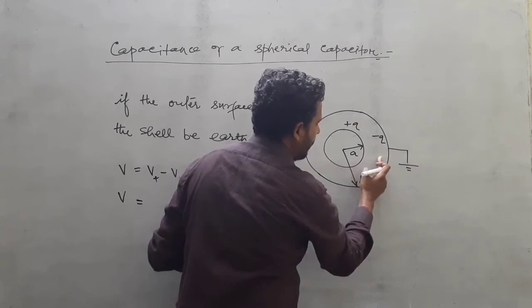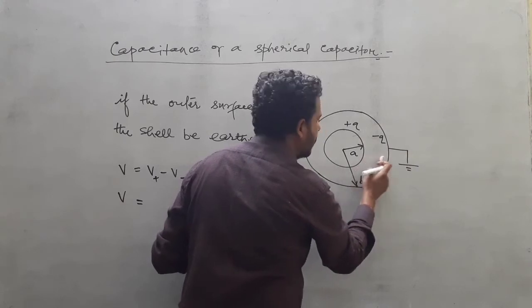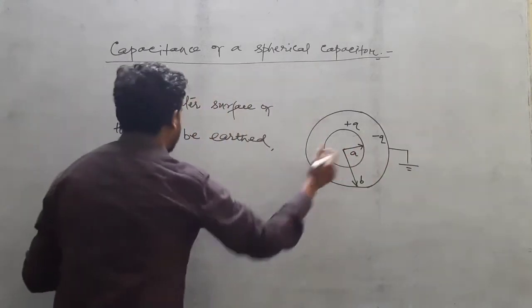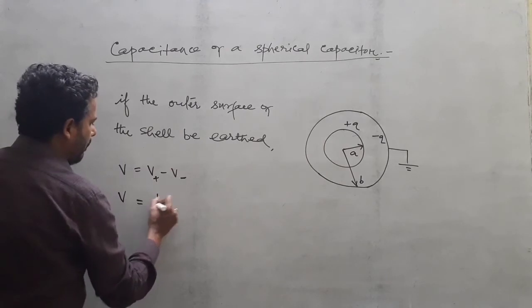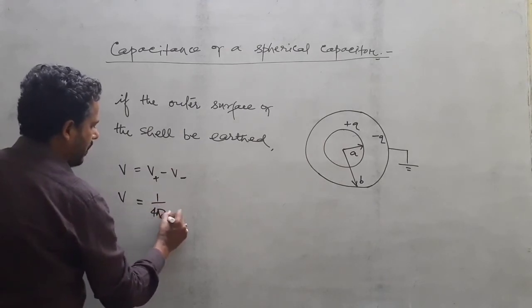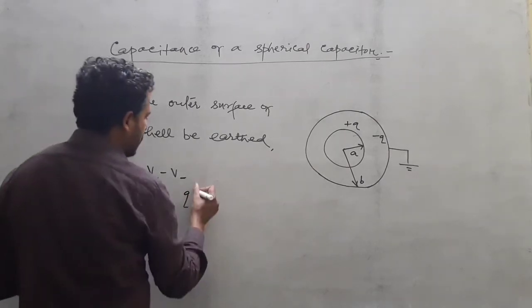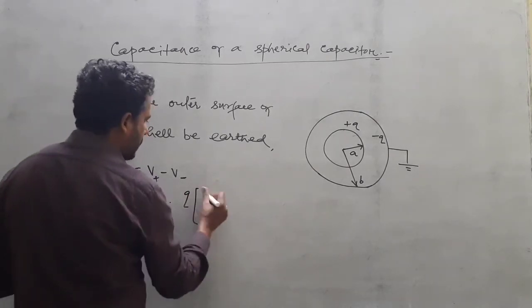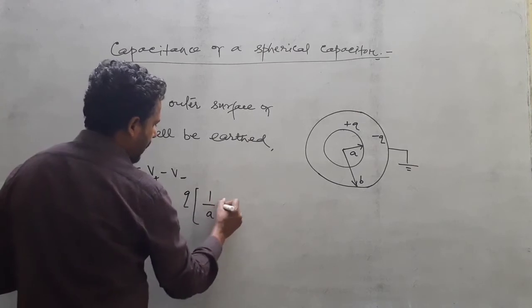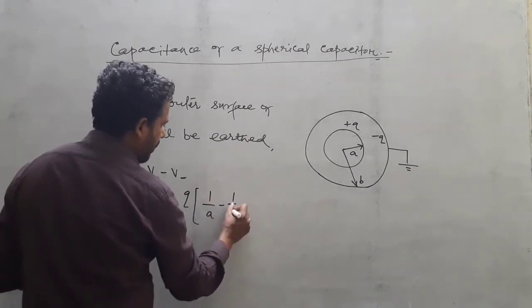Because electric field lines lie between this separation only. That's why this is 1 by 4 pi epsilon naught q times (1 by a minus 1 by b).